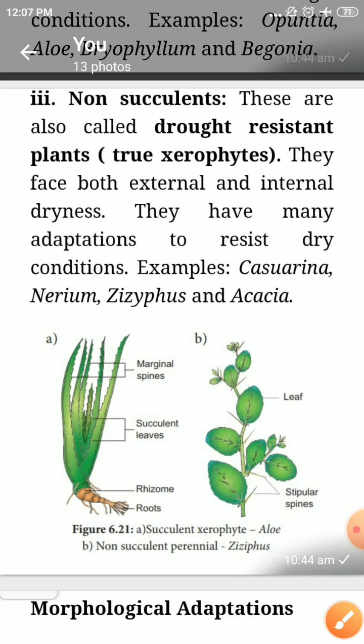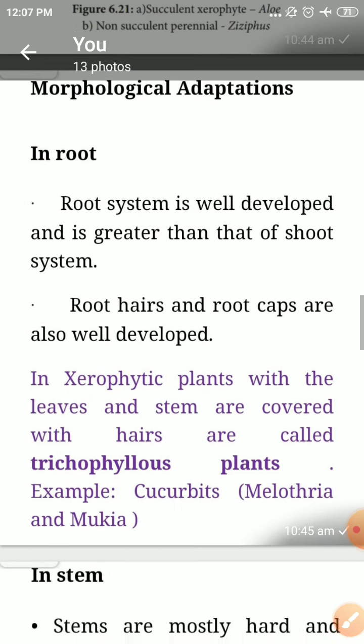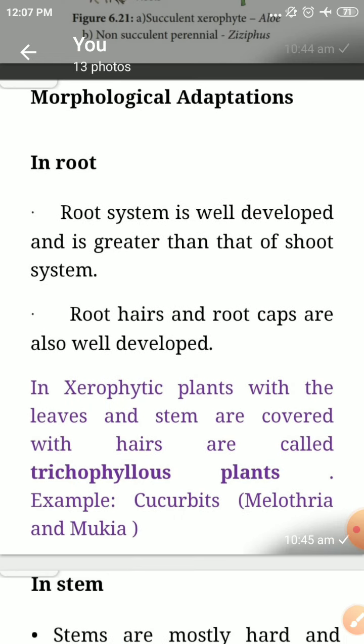Now let us start with what anatomical and morphological adaptations these xerophytes show. Let us consider the first organ, root. The root system is well developed and is greater than that of the shoot system. The root system is very long, deep growing in the soil.